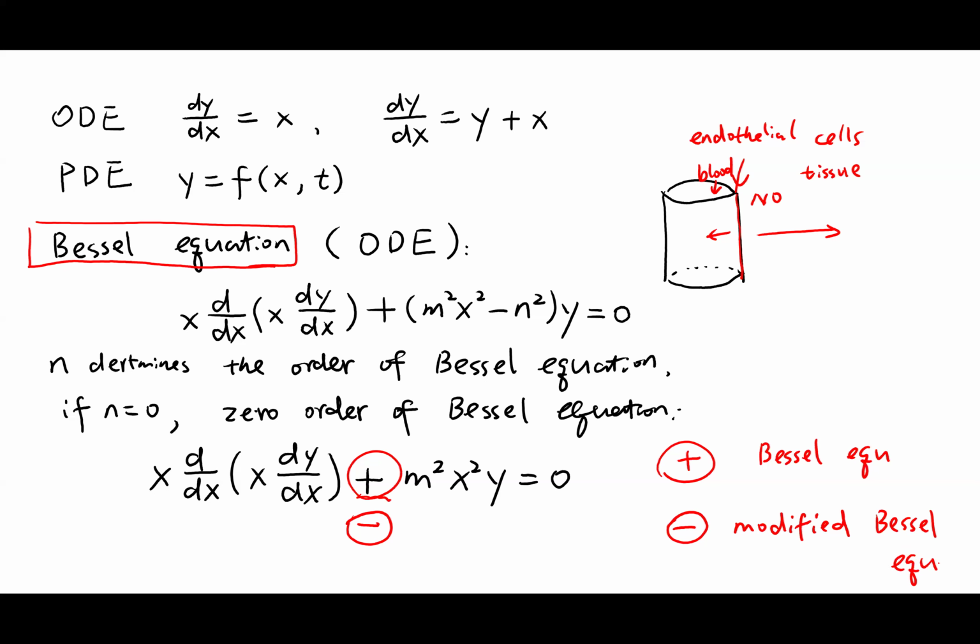Okay, modified Bessel equation. In the example that we discussed about the nitric oxide diffusion, what we have is something like this: r d/dr (r dCi/dr).